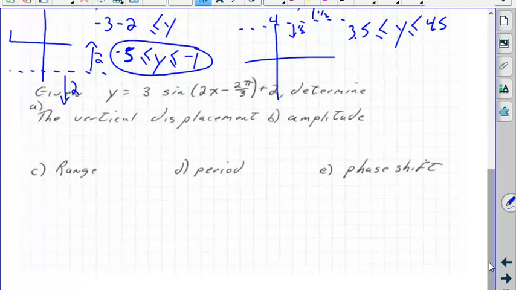Okay, so here we are given this equation. What does not look right about this equation before we answer any of these things? It's a very easy level of excellence question that we can work with.